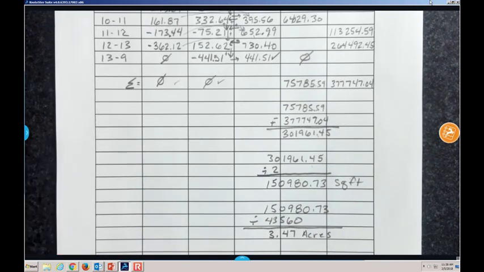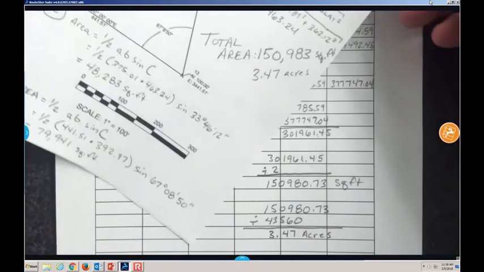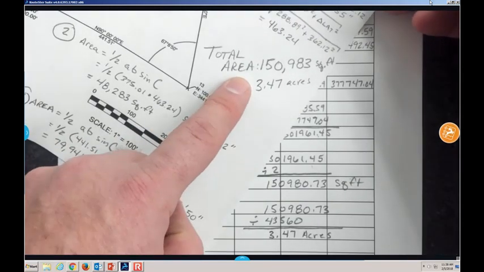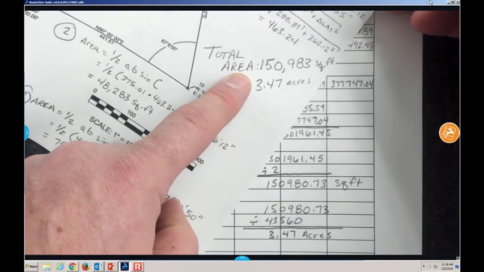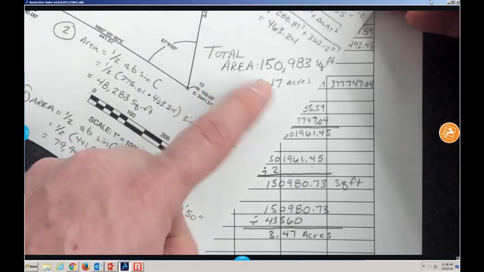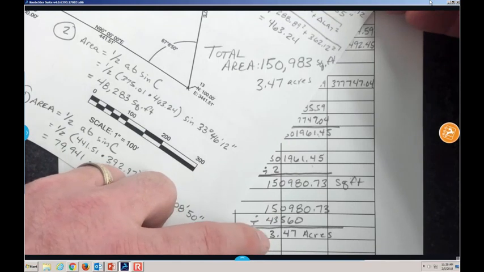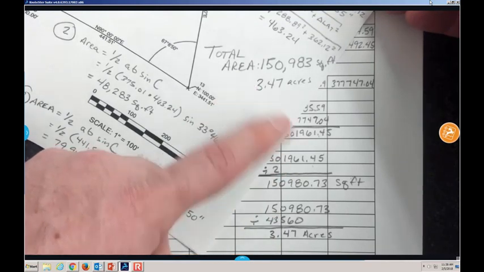Okay? So now if we look at our triangle area, right, rounding errors are going to throw us off in the square footage, but if I look, this is what our total was for the triangle method. We're off by 3 square feet, but acreage we're right on. So just a rounding thing between the two methods.